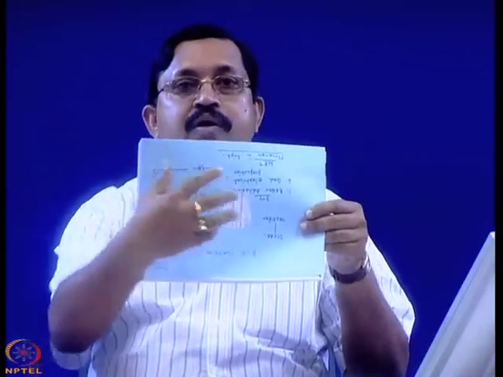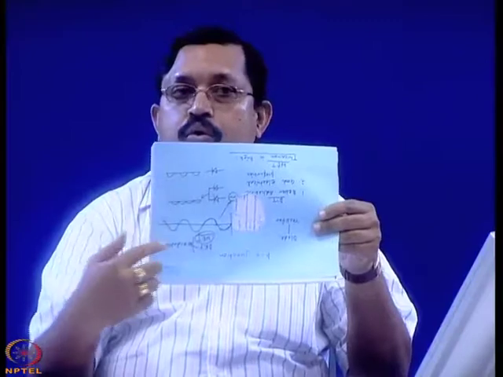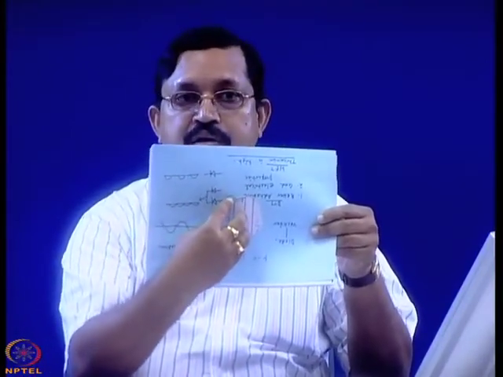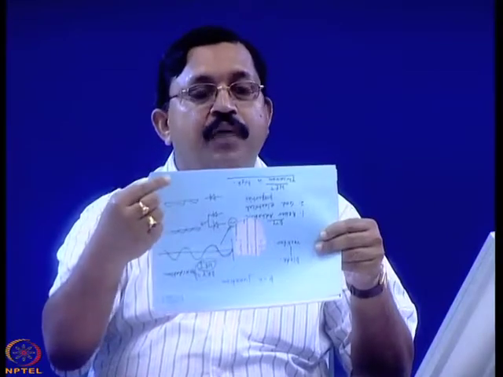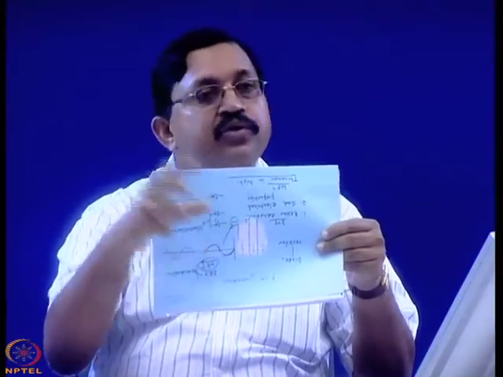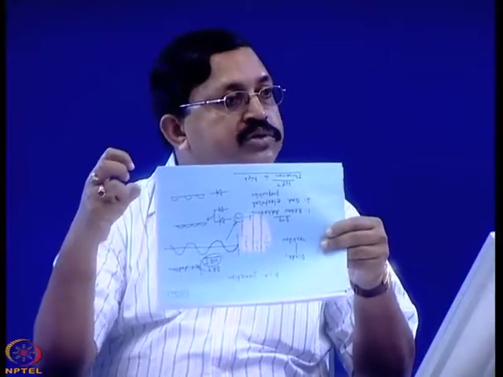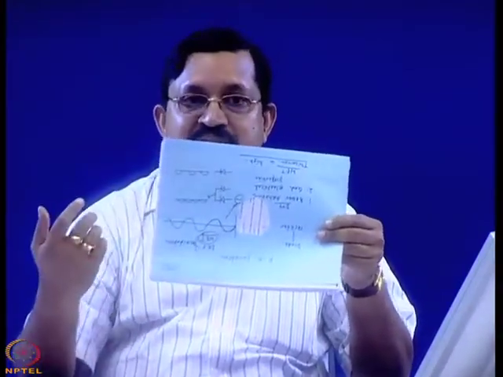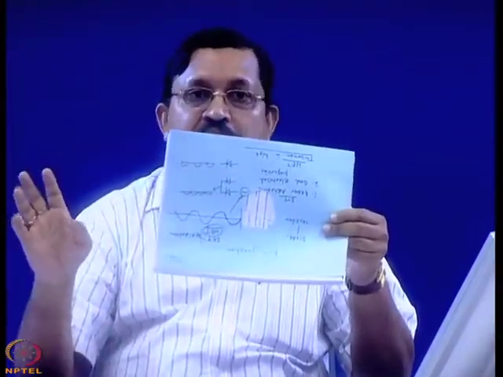Now, when ultraviolet light falls on it, only where there is the window region, the ultraviolet light will come in direct contact with the photoresist. That portion will be hardened, that portion will be polymerized, and in the rest of the portions the ultraviolet light will be blocked by the glass plate. So, it will not be hardened, right.